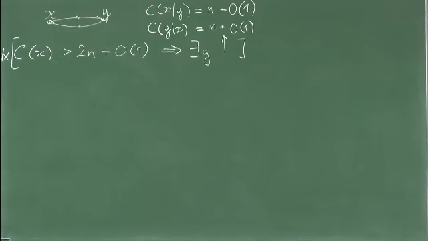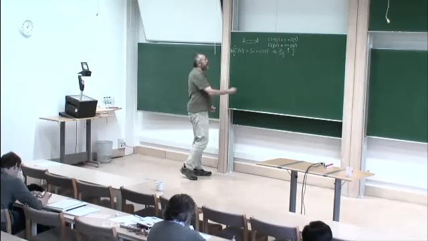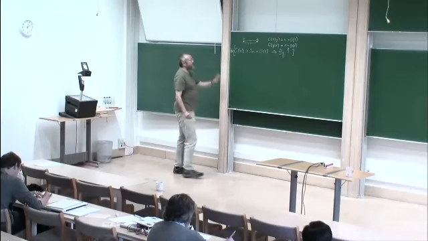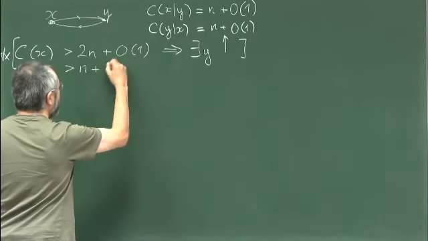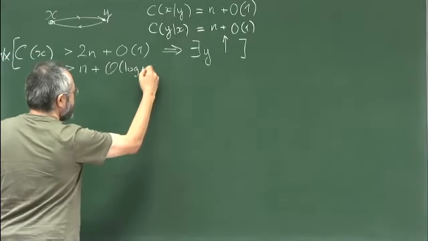And what I will explain today is that actually this is too strong a condition, and you can use almost the minimal one, which is n plus O of log n.